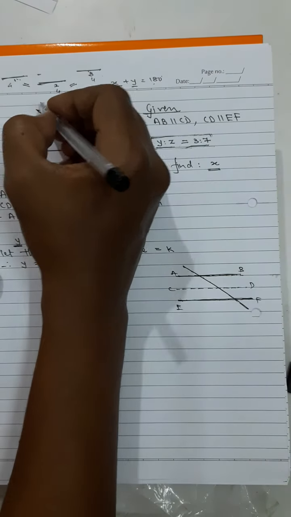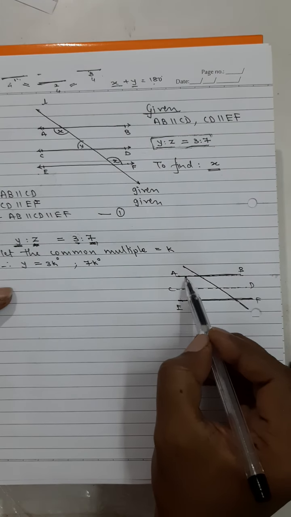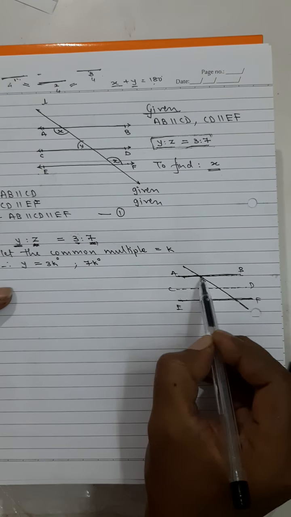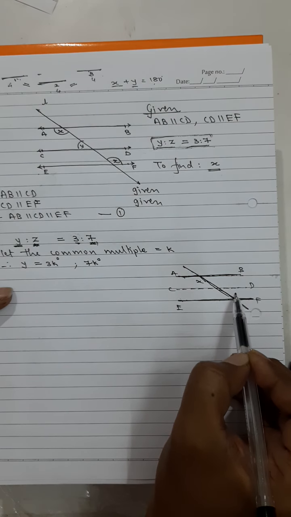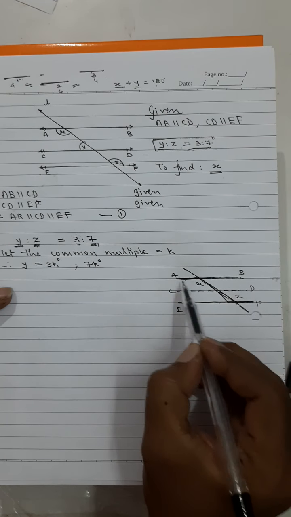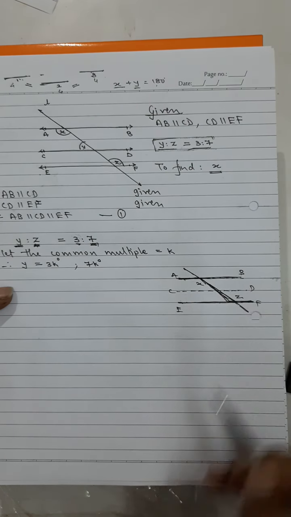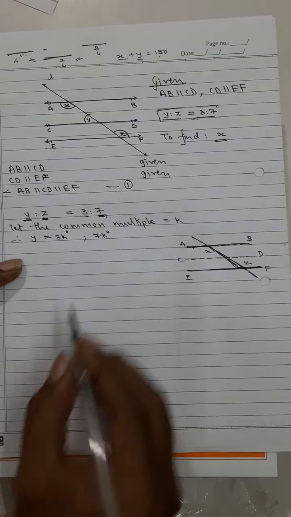We'll name this line L. This will be a transversal. Then we can see that this angle X and this angle Z are basically alternate angles. See, they are forming a Z. So they will be congruent. Are you getting? So that's what I will bring it to notice.